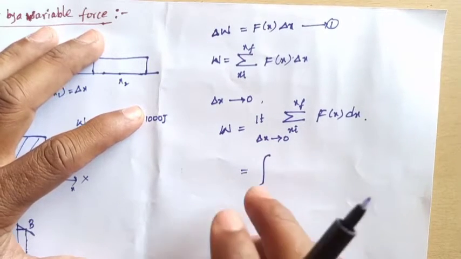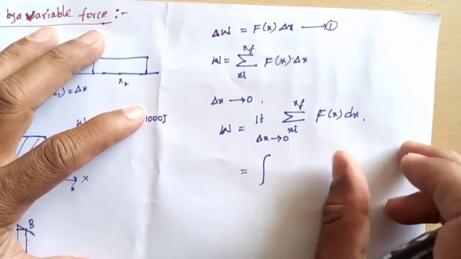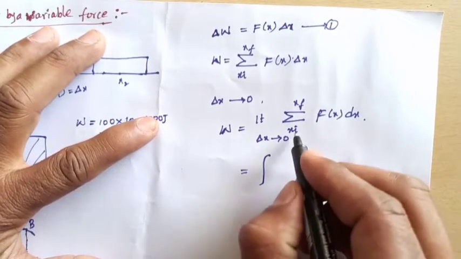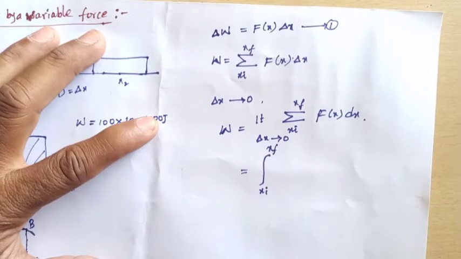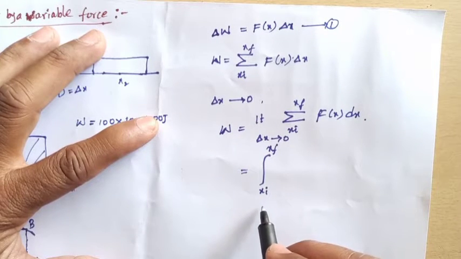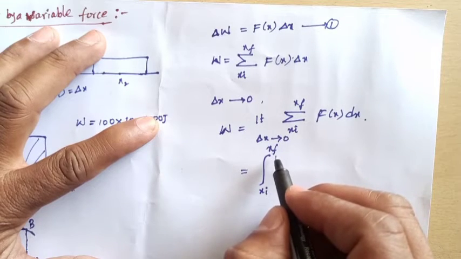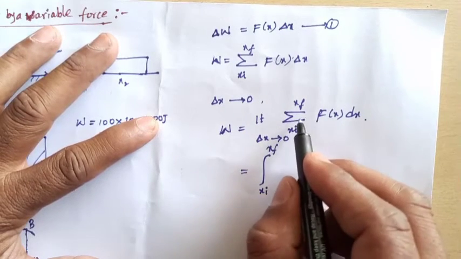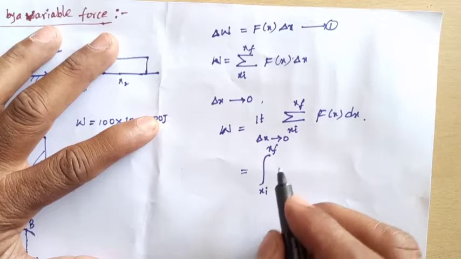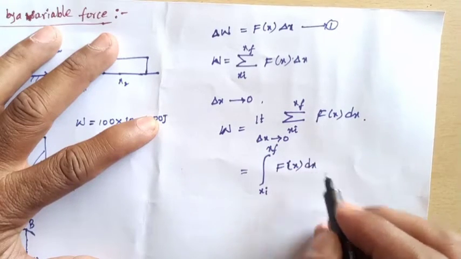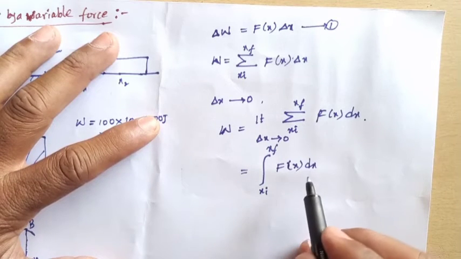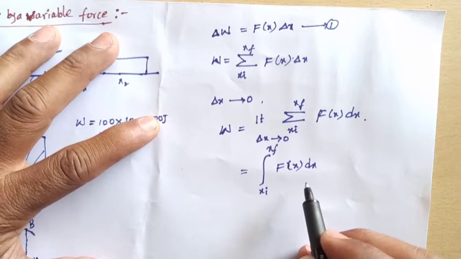Integration is nothing but the summation, the total integration. Limits are xi and xf. Lower limit is xi, upper limit is xf. So sigma is nothing but the integration of f of x into dx.